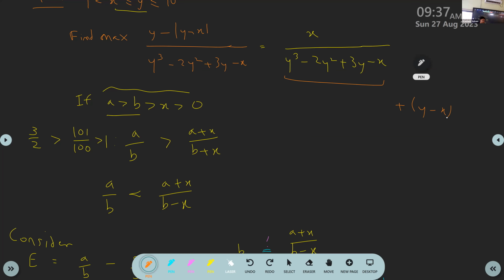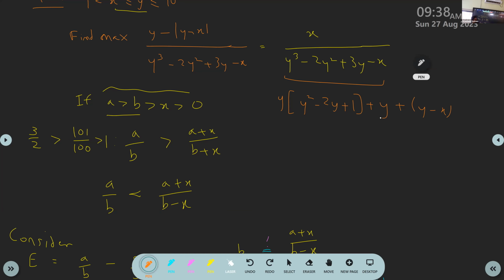So that minus 2y squared in the middle, that also I have to destroy using the remaining terms somehow. And it is looking like the middle term of a perfect square. So what I can do, let's say I can take y common. Then I'll have y squared minus 2y plus 1 and plus one more y left over. Can I rearrange the denominator in this way? And now it is very clear that this is going to be positive because term by term it is clear.